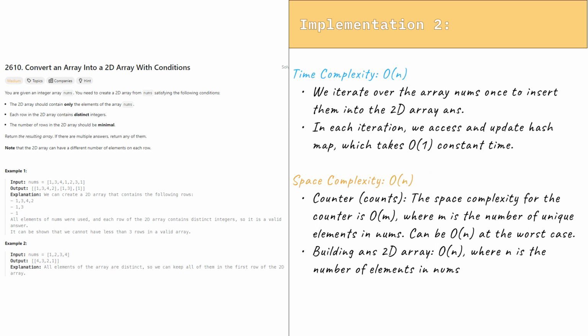For the space complexity, we also use linear O of n because we need to store the input array elements into our count hash map, and the space complexity for the counter is O of m, where m is the number of unique elements in nums, and in the worst case, this can be linear, which is O of n, if every element in our input array is unique.